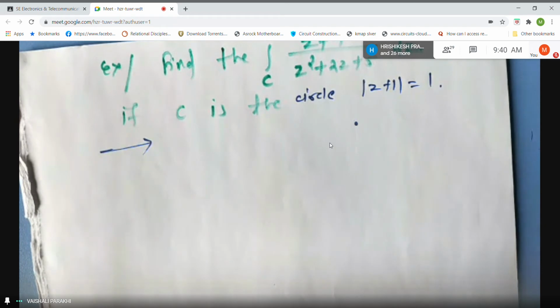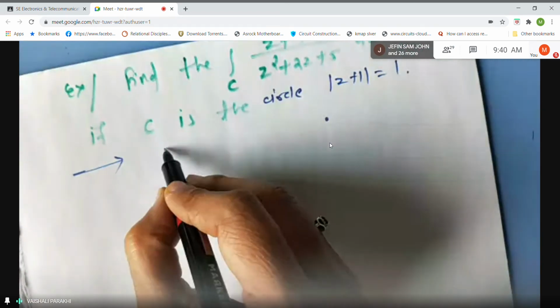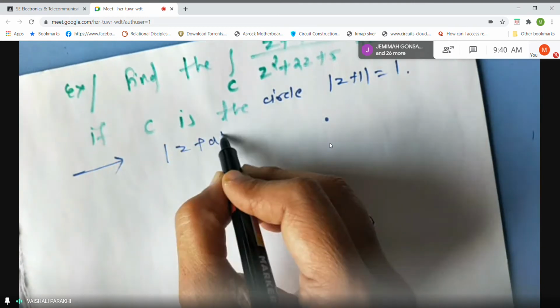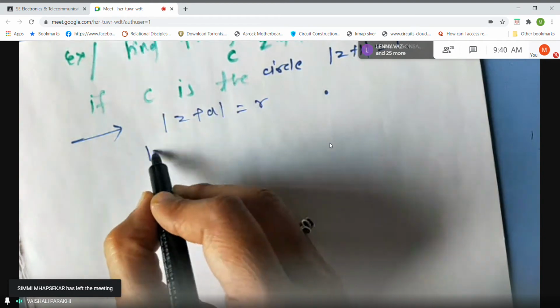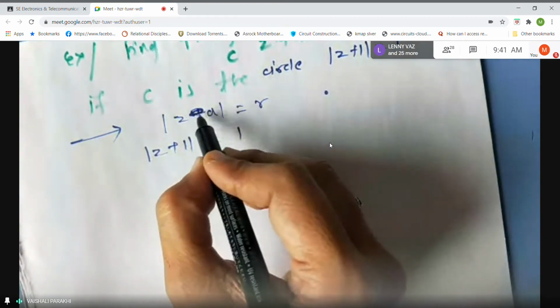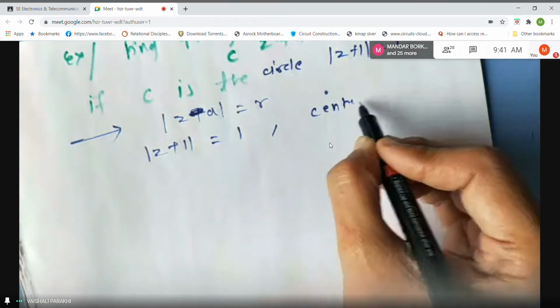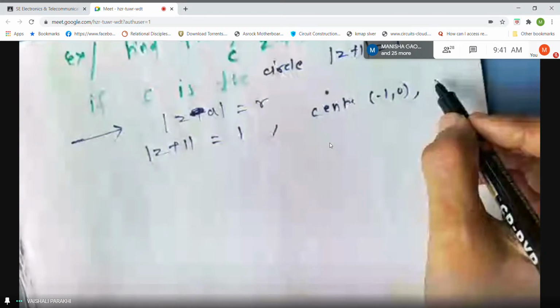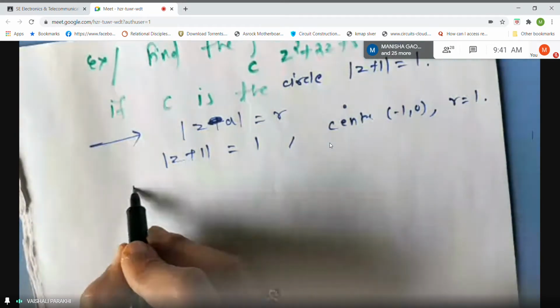Okay. So as I said, this is a standard equation of circle, students. Mod of z minus a is equal to r. Sorry, z minus a, I told you, no? Minus sign here. So mod of z plus 1 is equal to 1 means the center is minus 1 comma 0 and the radius is 1. Now you can quickly draw this diagram.